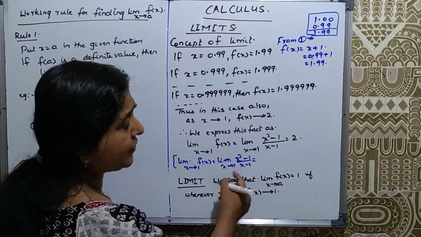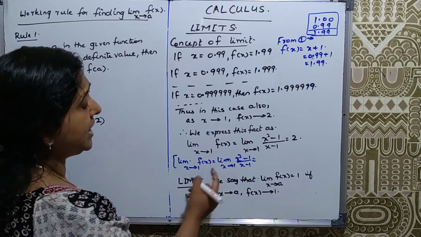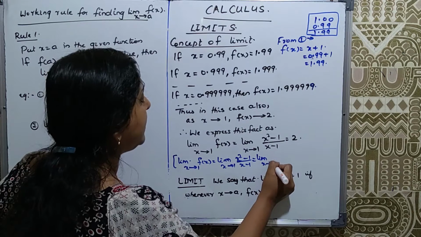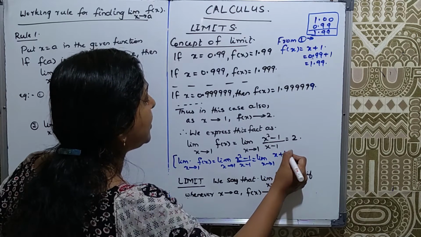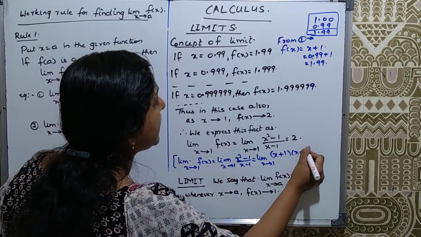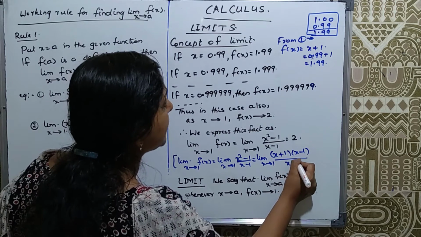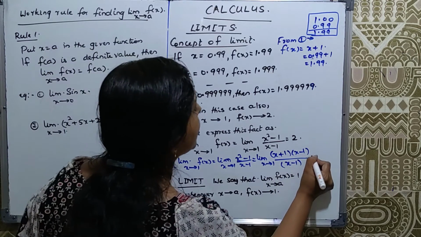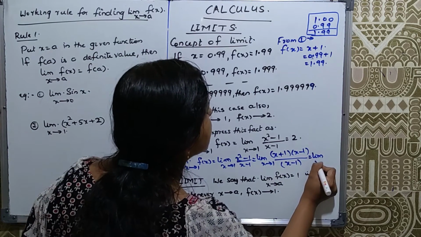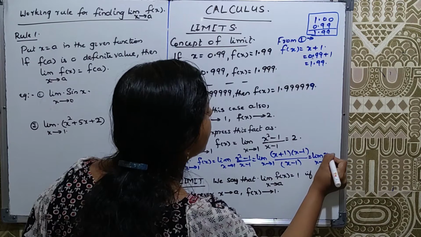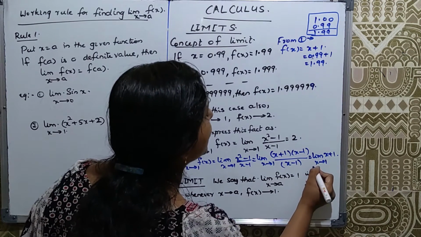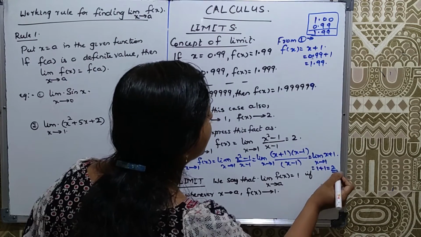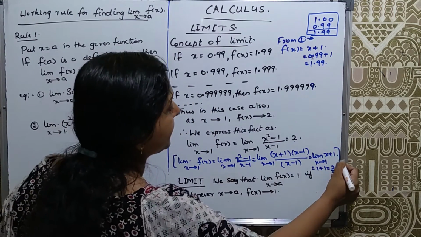We did the splitting of the term according to the identity a squared minus b squared. So it will be limit x tends to 1, x plus 1 into x minus 1 divided by x minus 1. So the denominator and numerator x minus 1 got cancelled, and you will get limit x tends to 1, x plus 1. And you will substitute that value of x, you will get 1 plus 1 equal to 2. From there, we are getting this value 2.